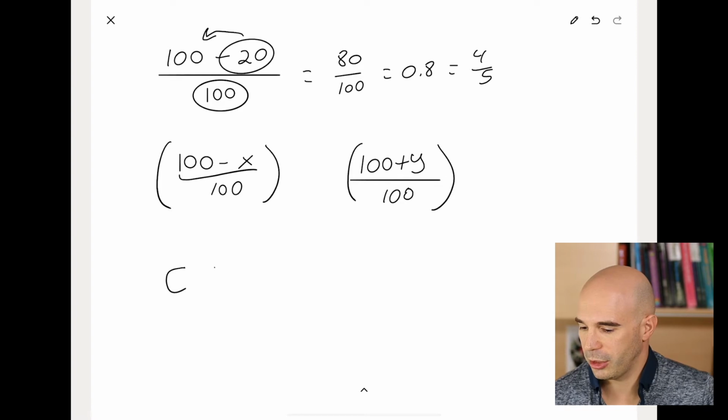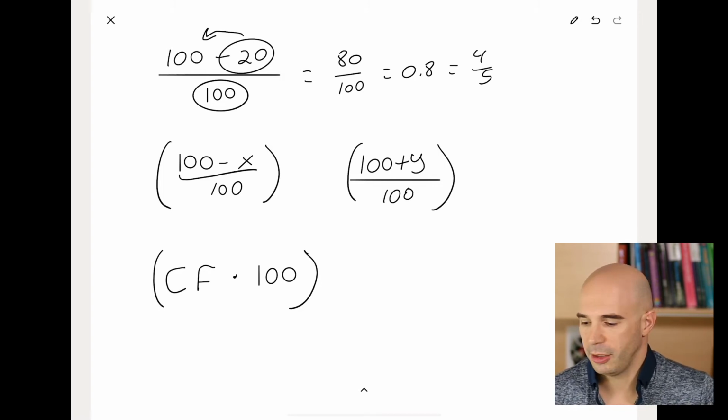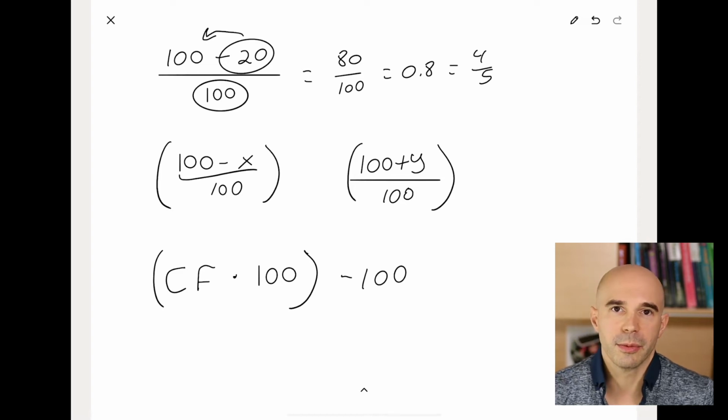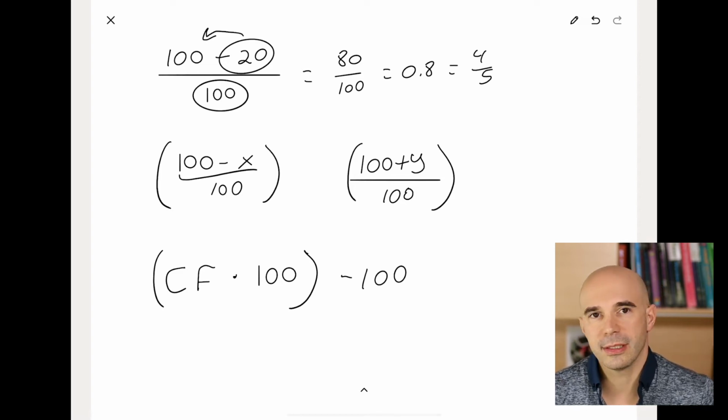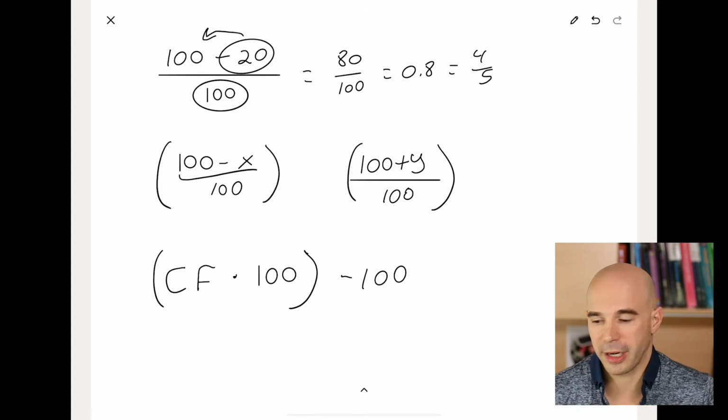You take the change factor, whatever it is, you multiply it by 100. CF here is short for change factor. You multiply it by 100, and then you subtract out that 100 to get the percent change. If this ends up being something negative, that means you had a percent decrease. In our case, the change factor was 1.95 for the area of a rectangle, so multiply by 100 and subtract out the 100, and you get back to your percent change.